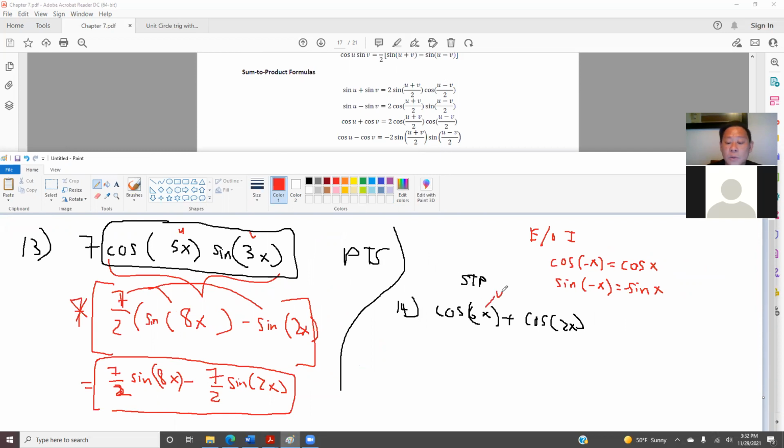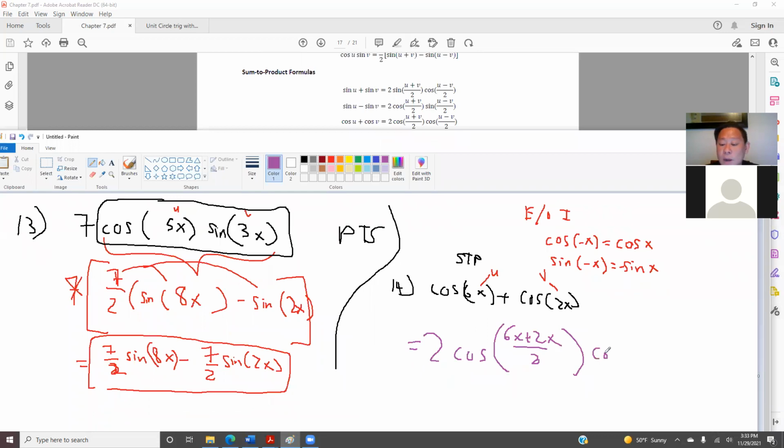This is my u, and this is my v. The formula says 2 times cosine of (u plus v) over 2. That means you take these two and add them up: 6x plus 2x over 2. And then cosine of (u minus v): you subtract, cosine of 6x minus 2x over 2.